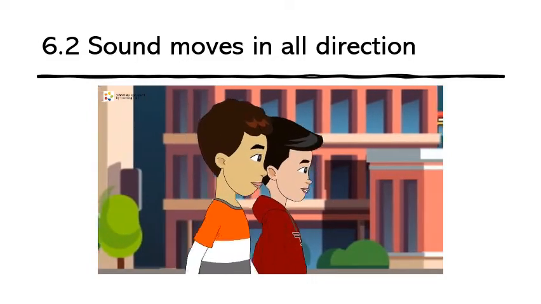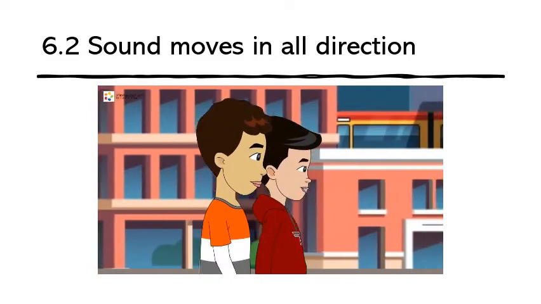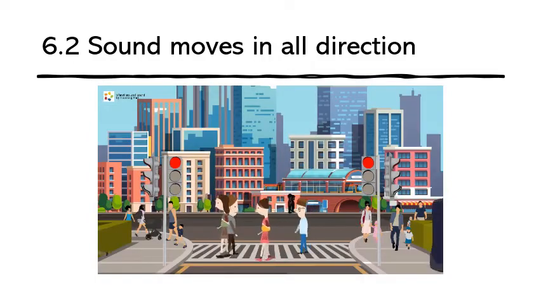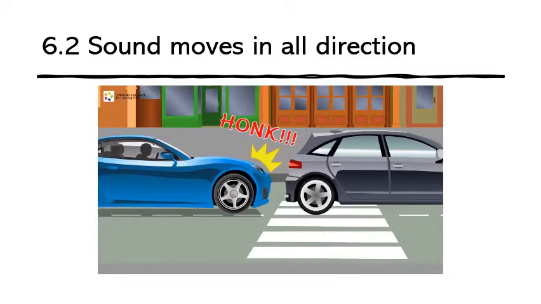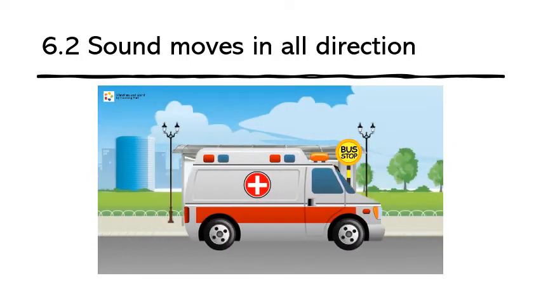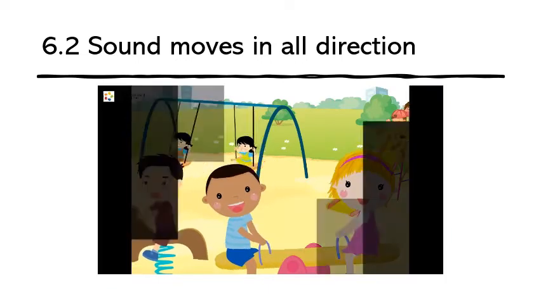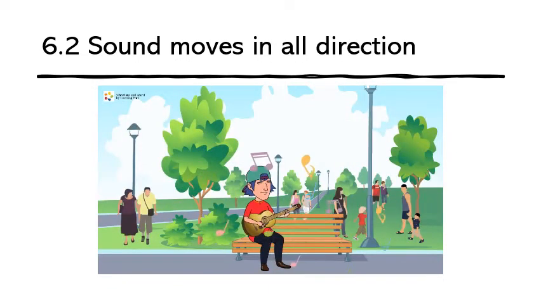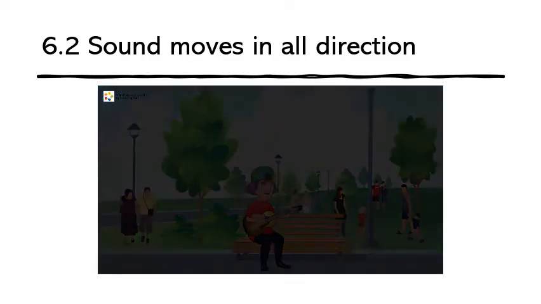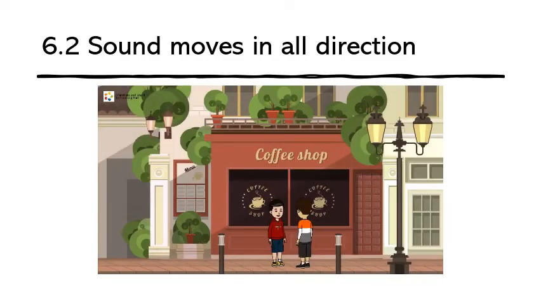Jeff and Alex are walking down the street. They hear different sounds. They hear the horn from the cars, the siren from the ambulance, the laughter of the children at the playground, and the sound of the guitar at the park. They are now going back to their homes.